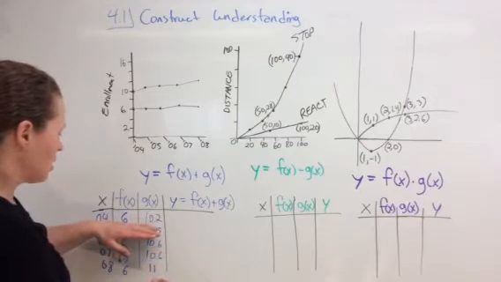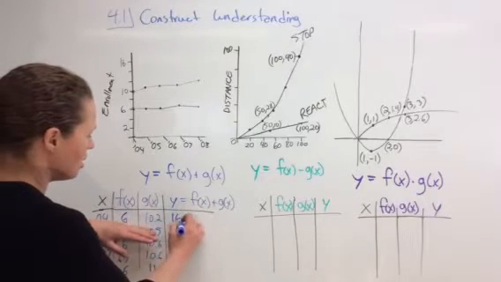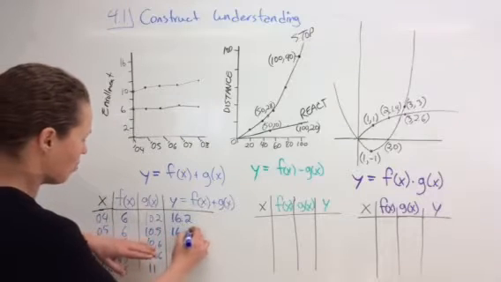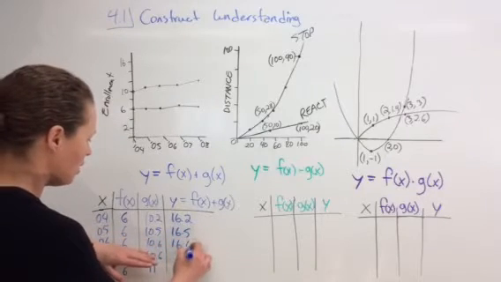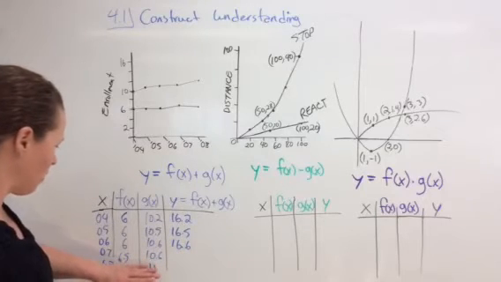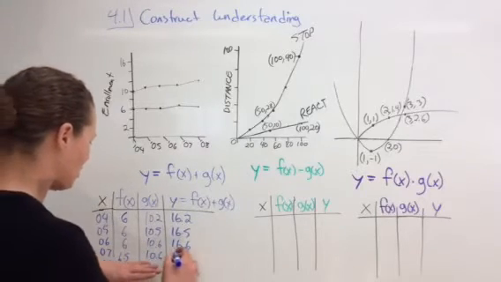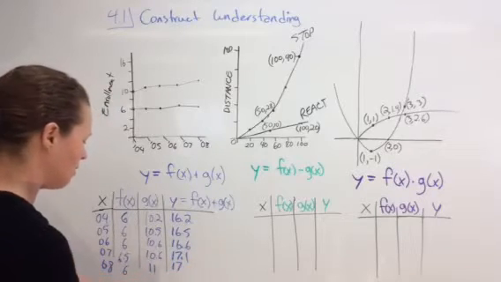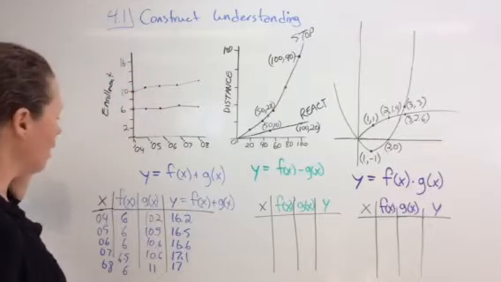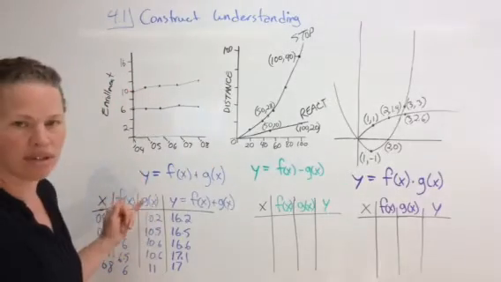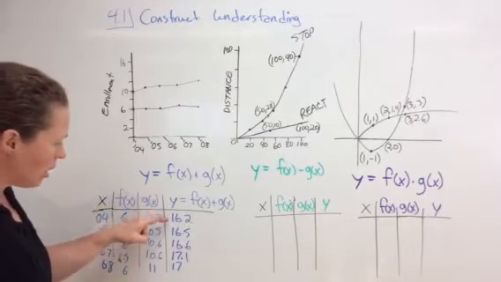So I'm going to go 6 plus 10.2 is going to be 16.2. 6 plus 10.5 is going to be 16.5. Go on down the list, and I get 6.5 plus 10.6. It's going to be 17.1. 6 and 11, 17. So then I go to my graph, and now I can graph over the same x value, so I can use the same graph, and I'm going to plot these new lines.